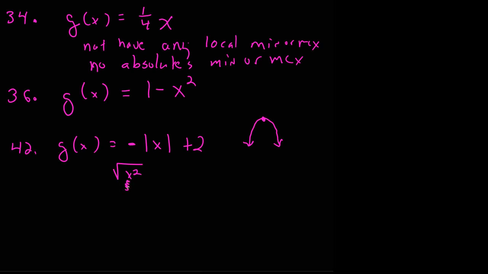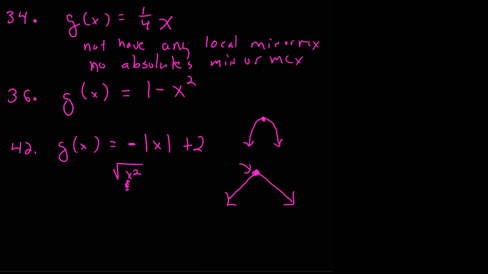We might not remember this, but visually we should hope that we can see that this is going to have a vertex. It has a negative in front of it, so it should flip upside down, and we're going to have something that looks like this, with a maximum value at that point.